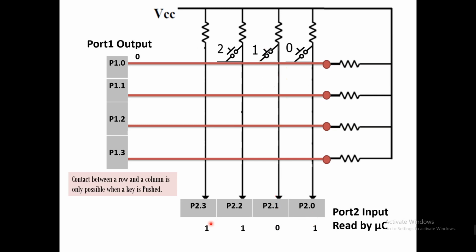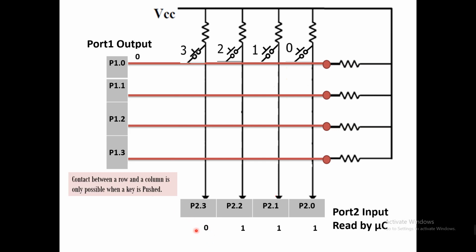If we continue and press this one, this switch will be 0, and that's clear. Now if we do the third key, it will also become 0, and the moment we remove this switch, this will become 1.